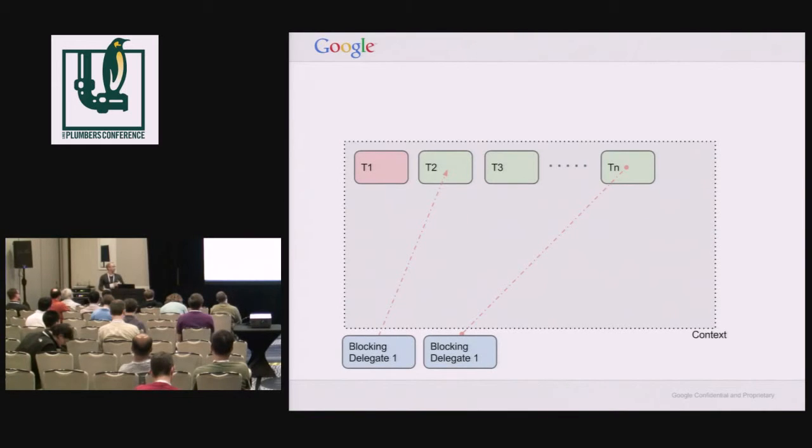And then, secondly, suppose there was nothing else to do. There was nothing to run. We can enter the delegate in a special state, which we call a wait-for-wake-up state, which says we're running in a context, but we have nothing to run, and there's a delegate available. And that means that when that original thread comes back from the read, we resume it directly with no interaction with the delegate.